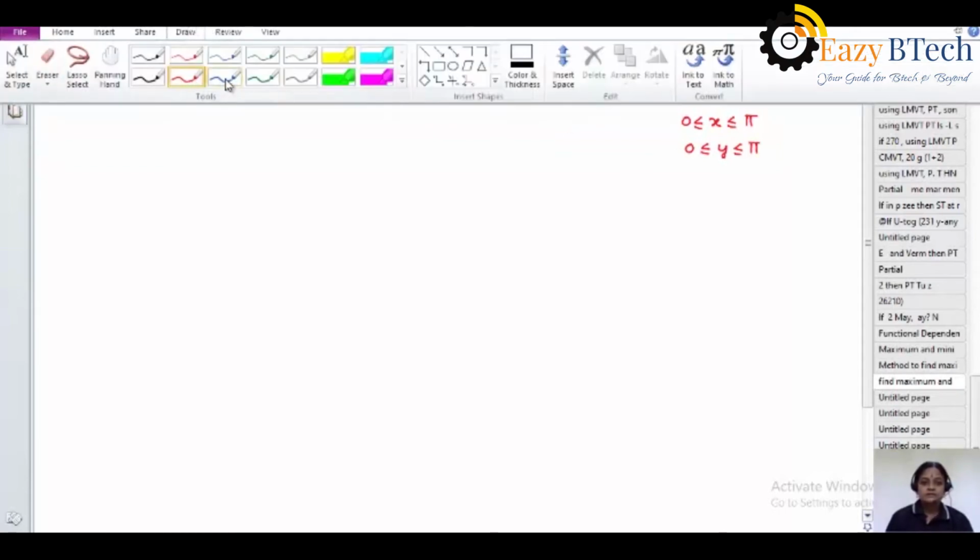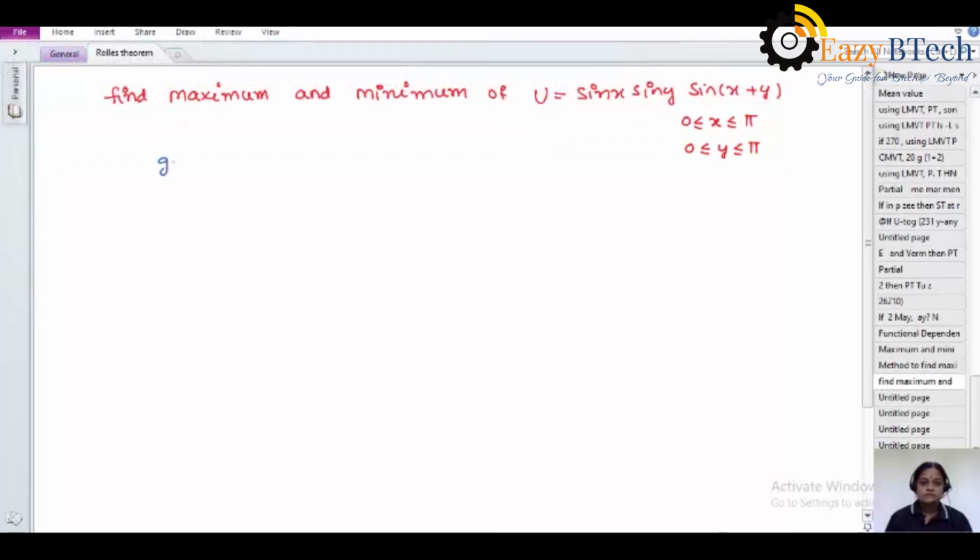So now the solution. It was given that the value of u is equal to sin x sin y sin of x plus y. So okay, maximum and minimum.